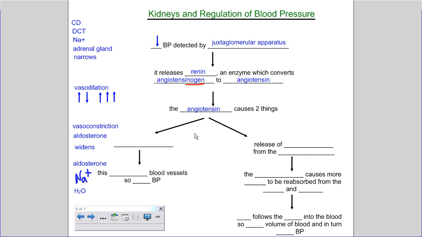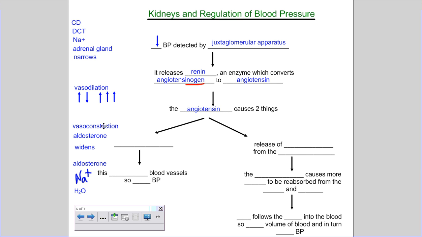So we want to try and increase the blood pressure. Should the vessel get more narrow or should it get more open? Right. Okay, it should get more narrow because then it makes it harder for the blood to get through, so that makes the pressure higher. Okay, we need to get that blood pressure back up.